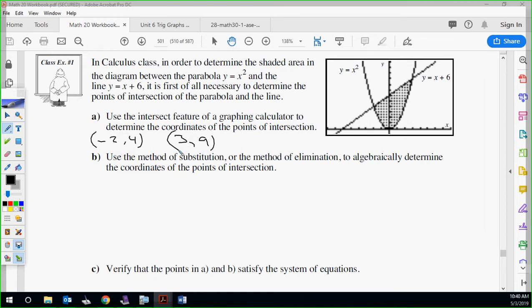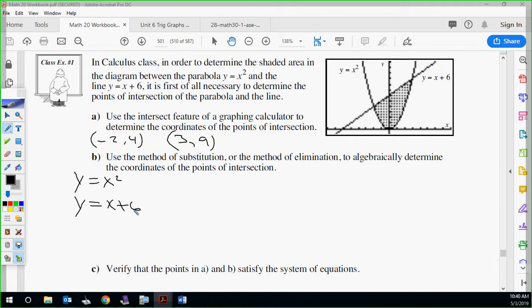It says use the method of substitution or the method of elimination to solve algebraically. That means use your Math 10 skills to solve this system. You know that y equals x squared, and you know that y equals x plus 6. They both equal y, so you can set them equal to each other. Does that make sense?